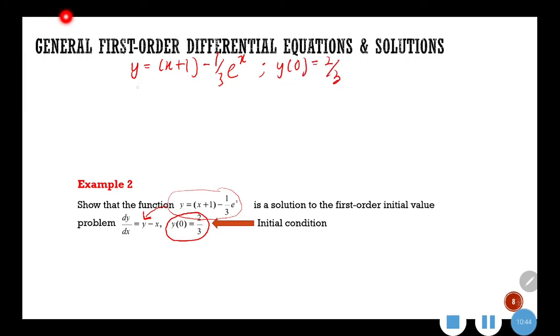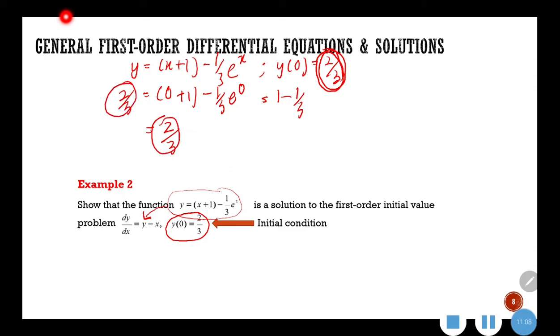So when x equals 0, you substitute 0 plus 1 minus 1/3 e to the power of 0, which is 1, right? So you will get 2 over 3, because this is 1 minus 1/3. And given the initial condition as well, y0 equals 2/3. So you see, it is the same. So it satisfies that initial value condition.